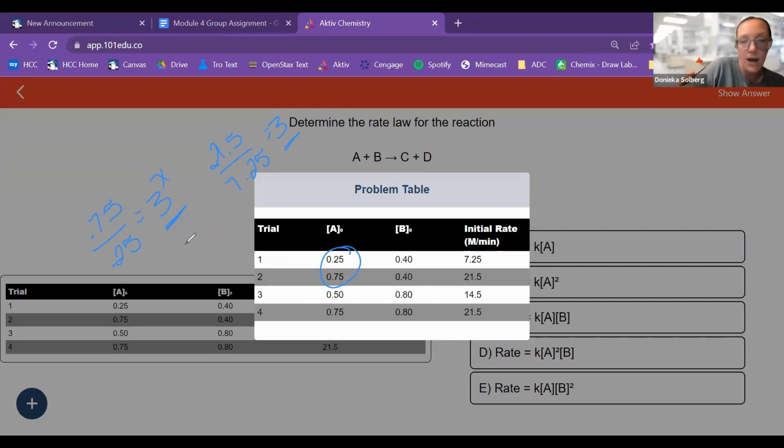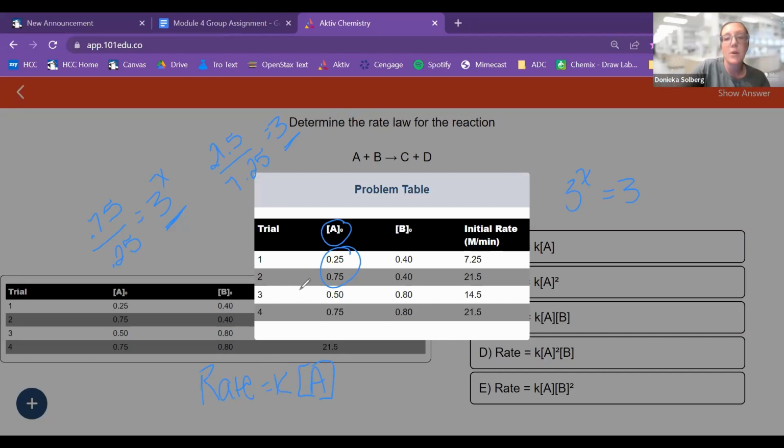So to figure out A, I would say 3 to the x power equals 3, and then you would solve for x. Well, in this case, of course, it would be 1. So that means that it's first order in A. Writing my rate law, I would write rate equals k times A, and you don't have to write the 1, it's just assumed.